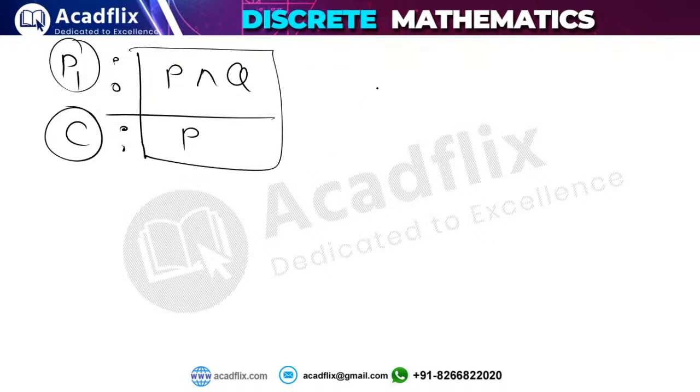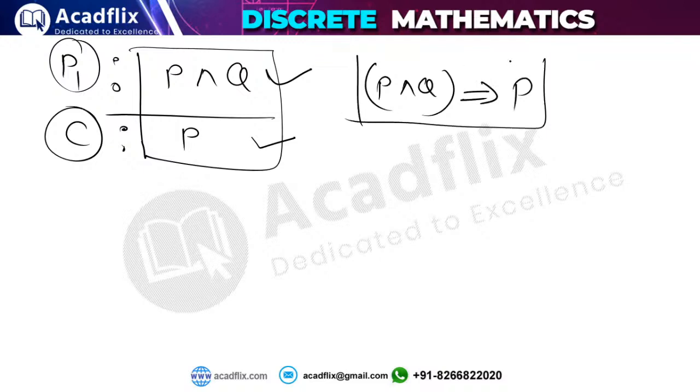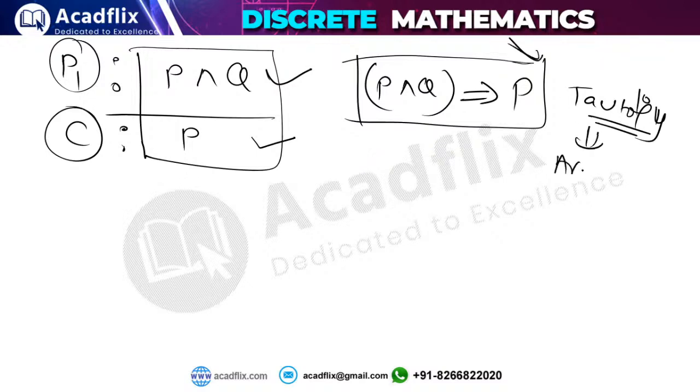Now let's find out whether this argument is valid or not. I told you that this argument will be valid if this hypothesis implies the conclusion. That means if P and Q implies P is a tautology, if this formula is a tautology, then we will say that the argument is valid.